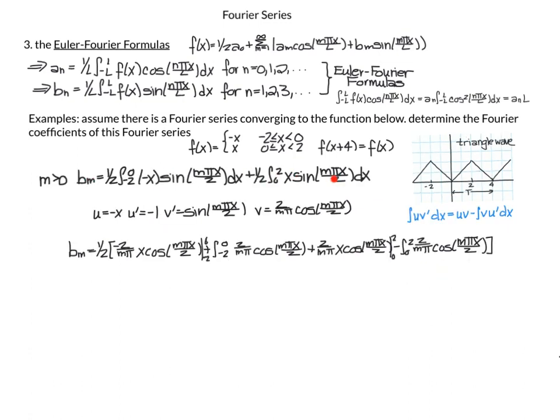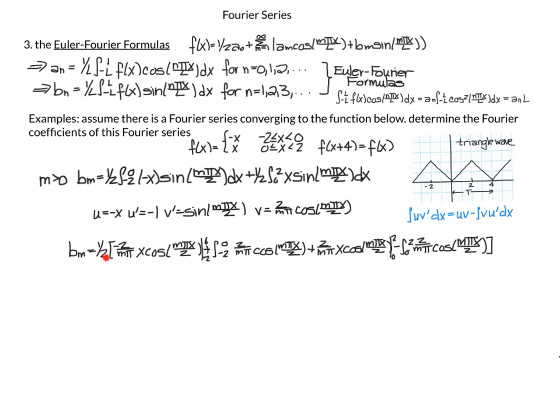Very similar to what we did last time, we're going to use integration by parts, and I'm also going to integrate this half of the sum first. So I choose my negative x to be u, and my sine of m pi x over 2 to be v prime. So I have u prime is equal to negative 1, and v is equal to 2 over m pi times cosine m pi x over 2. So looking at this here, I did both sides of the integral first.